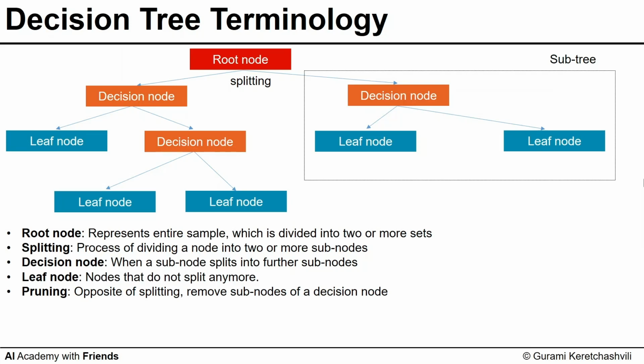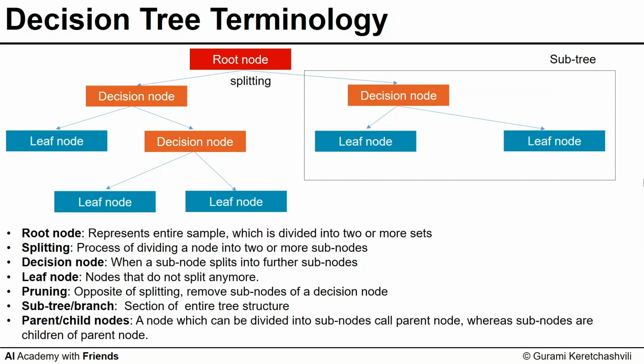Pruning is the opposite action of splitting, which tries to remove subnodes from a decision node. A subtree or branch is some part of a tree, shown in the black rounded box above. And finally, a parent node is any node which can be divided into subnodes, whereas the subnodes are children of the parent node.